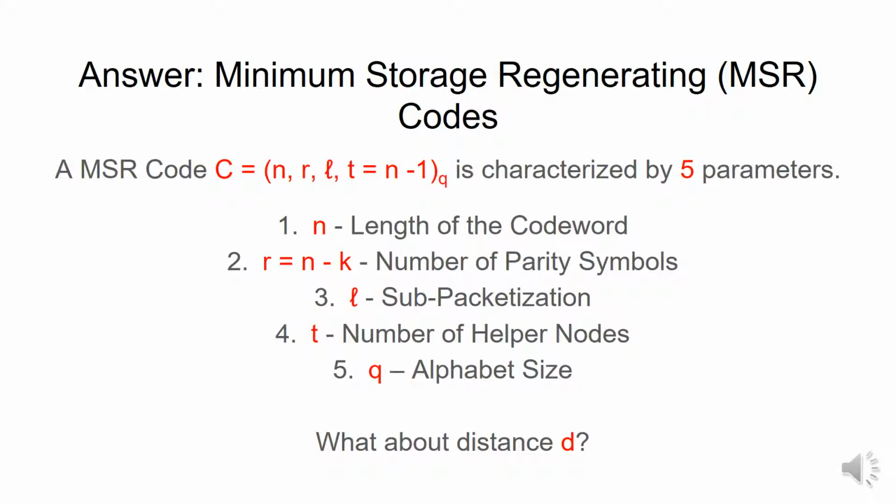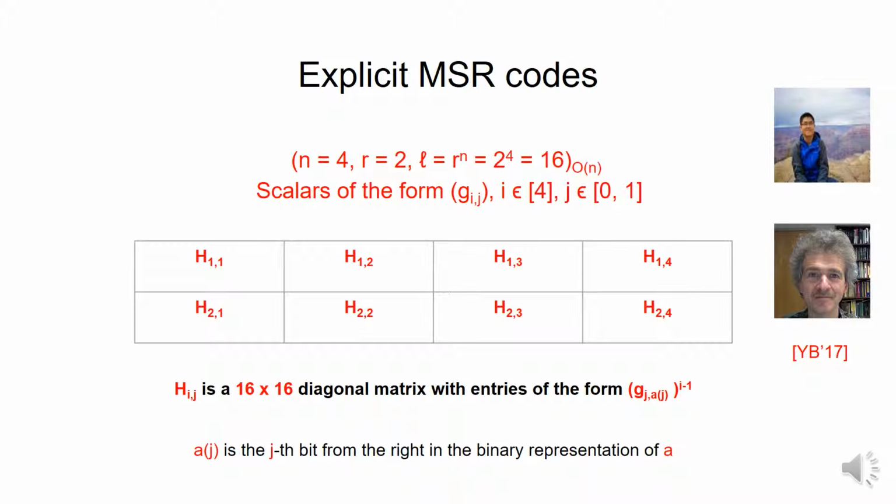The distance can be defined in multiple ways, but in the most commonly accepted way, it is defined at the vector level, in the sense that you compare vectors and then you see in how many symbols they match and mismatch. And then based on that, you define the notion of distance.